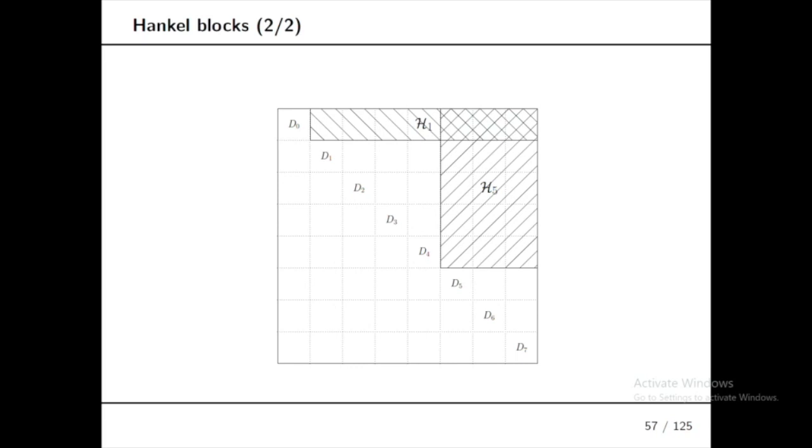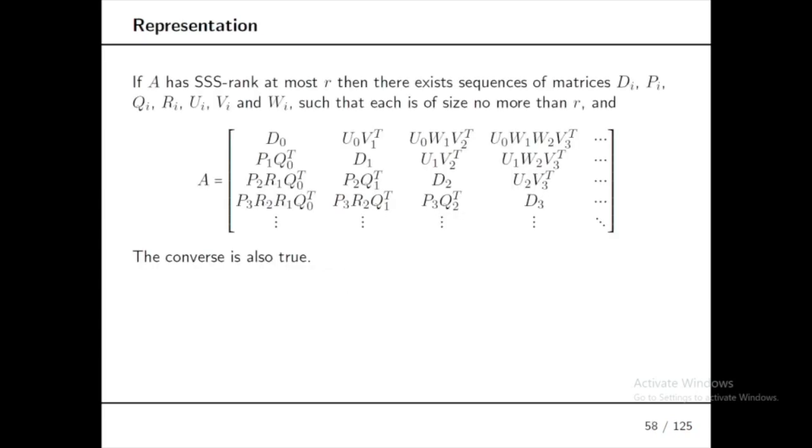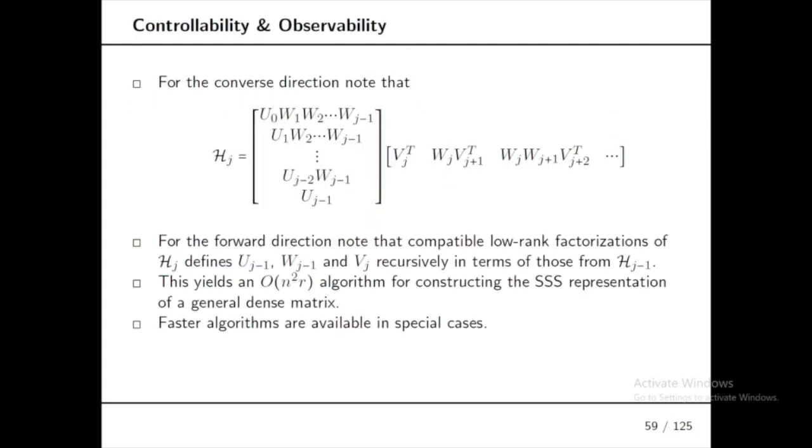Then when I look at the second Hankel block, H2, it will have U1, W0, U2 over here. So it tells me what this part is and what the W is. I have to reuse the column basis from the previous Hankel block to generate the column basis for the next Hankel block. That tells me what the product W is and what the new U that's coming underneath is. So you have to generate the column and row basis using this special structural constraint.